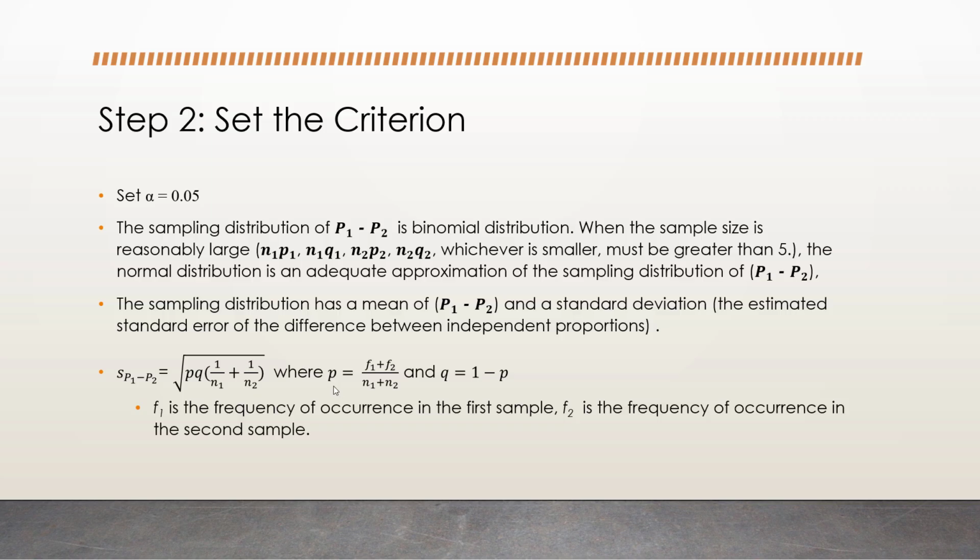Here, P represents the overall proportion of occurrence in the two samples combined. That's the total frequency of the characteristic divided by N1 plus N2. And Q is simply 1 minus P.